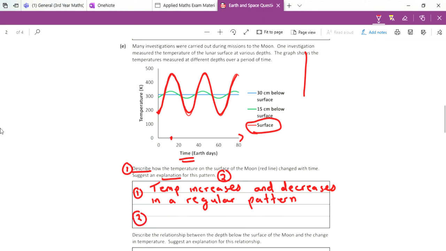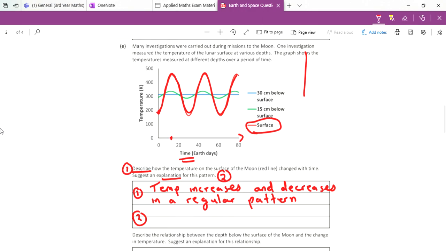Part 2 then is suggest an explanation. Well, why might it get warmer, colder, warmer, colder? Well, if we think of what happens on Earth, why does it get warmer, colder over any 24-hour period? It's because during the day we're in direct sunlight, it's warmer, and at night time when the sun isn't in our view, or where the sun goes down, it gets cooler.